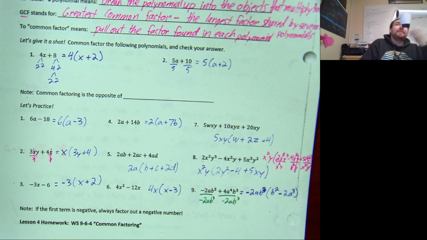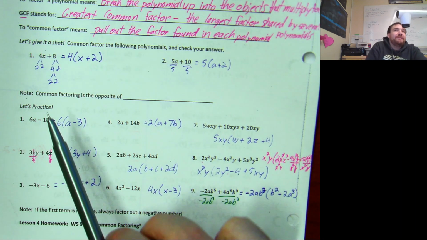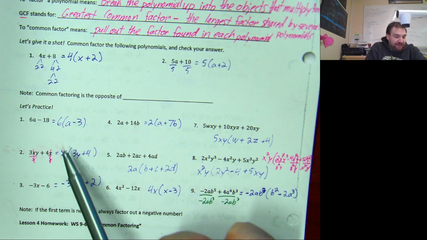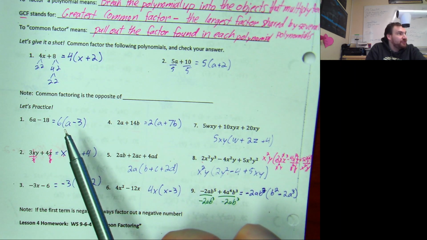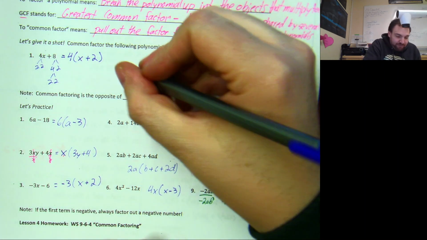Common factoring is the opposite of what we've been doing already? Look what we did here. To common factor, we found the largest number that goes in, and then we pulled it out, leaving us with something. It's not common denominator. It's the opposite of distributing.